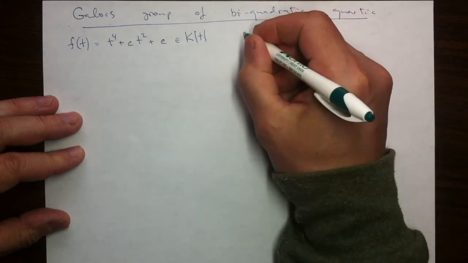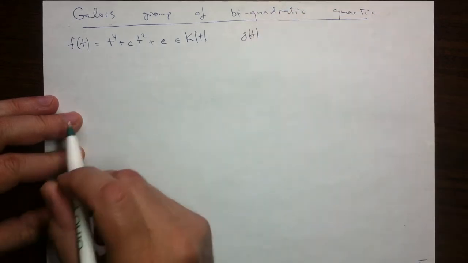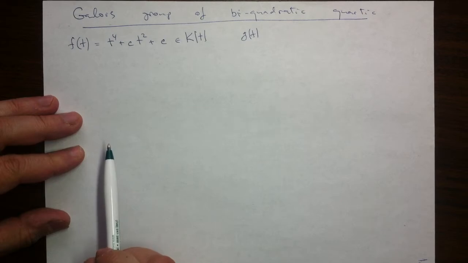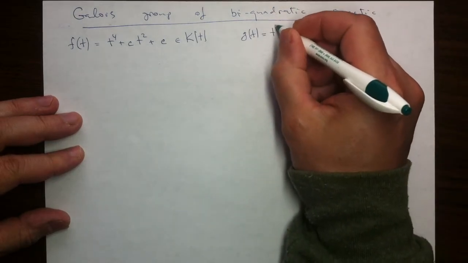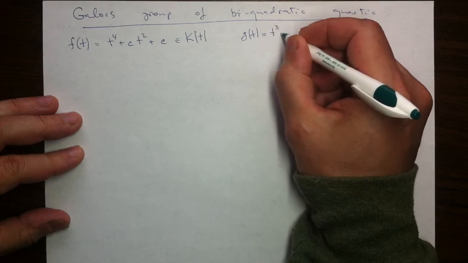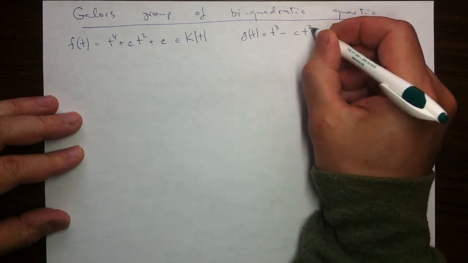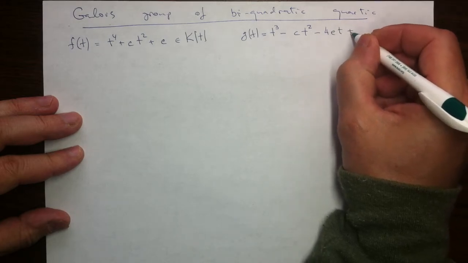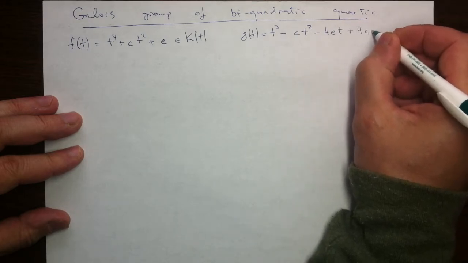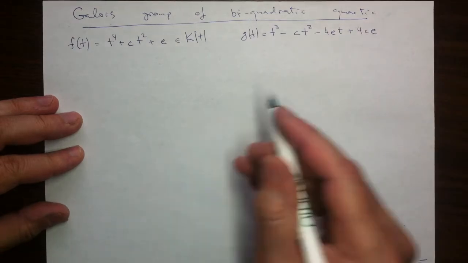The first ingredient in analysis of the Galois group of such polynomial will be its resolvent cubic, which if we compute it, it will have the coefficients c for t squared, negative 4e for t, and then positive 4ce as a free term.